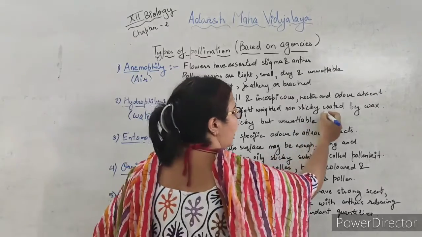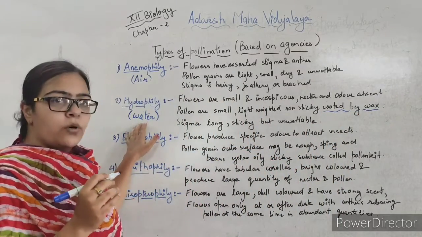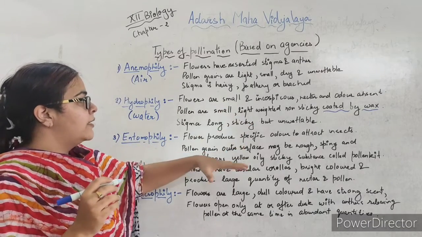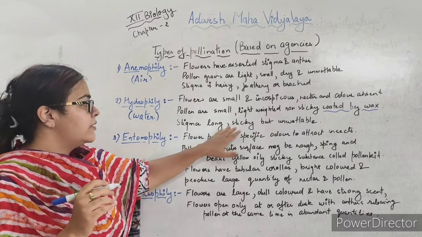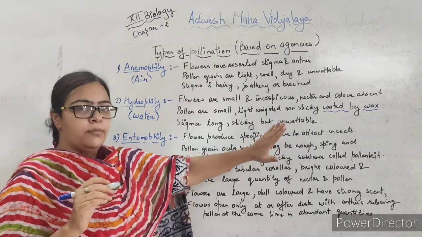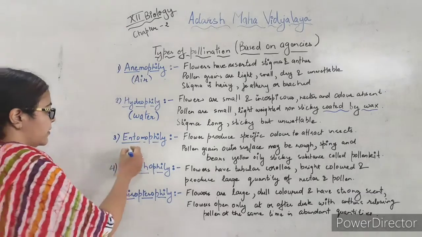They are coated by wax because they have to travel through the medium, that is water, so they don't get wet and settle. And stigma are long, sticky, and they are also unwettable.